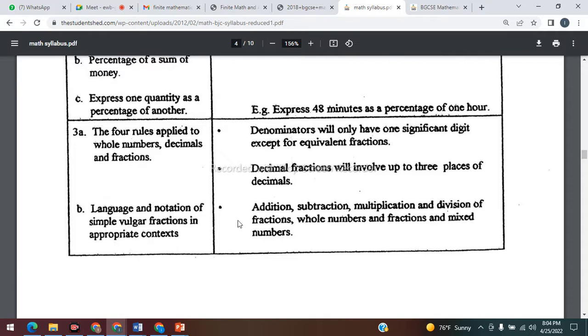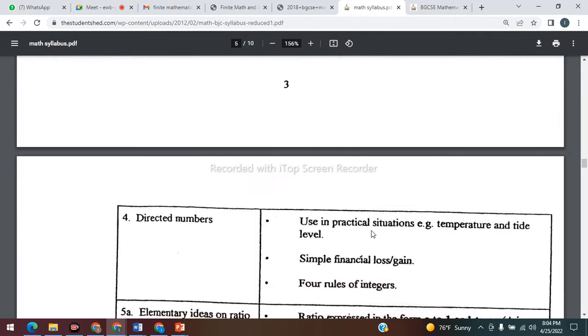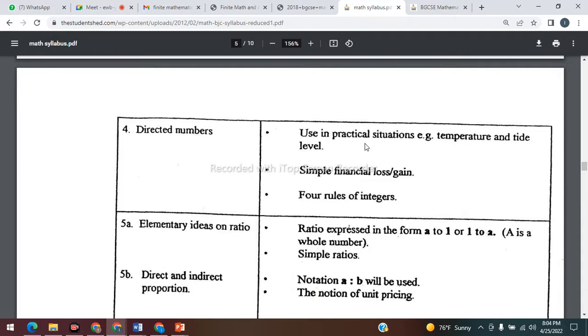Then we have adding, subtracting, multiplying, and dividing fractions, whole numbers, and mixed numbers. You need to know how to do that. Then we have directed numbers, which is 4 minus 3 equals 1. Negative 3 minus 4 is negative 7, stuff like that.